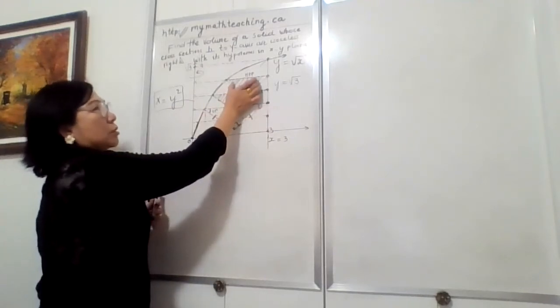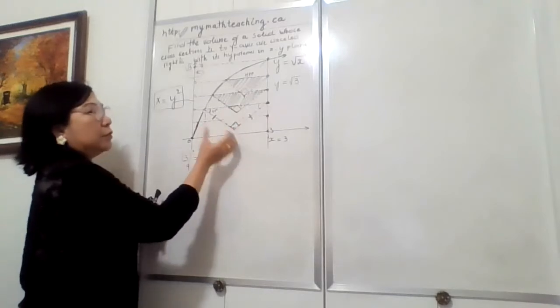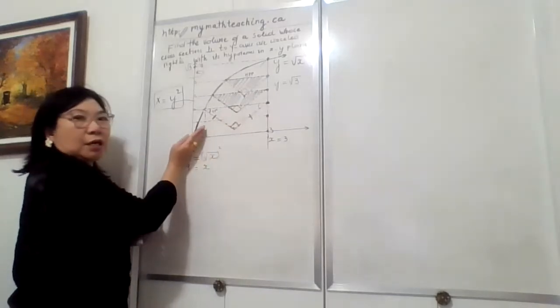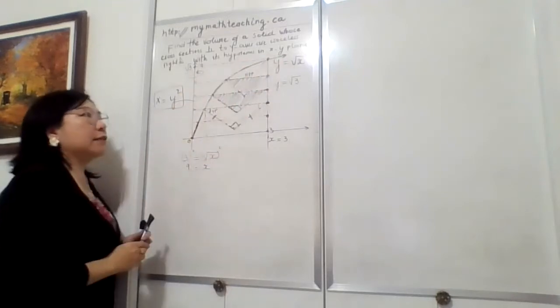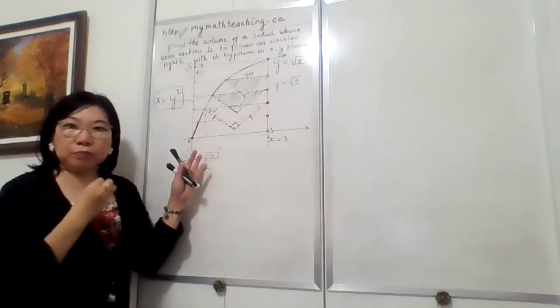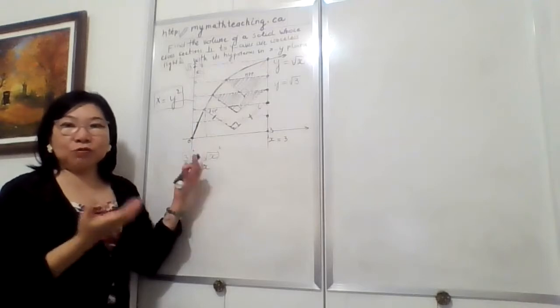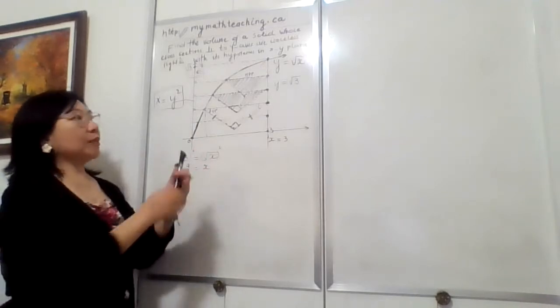Here is a small triangle, and then it gets bigger and bigger at the bottom. The shape is changing because it follows the function. And therefore, we're not dealing with a fixed number, but with the rate of change. That's why we have to use calculus, which is the rate of change.